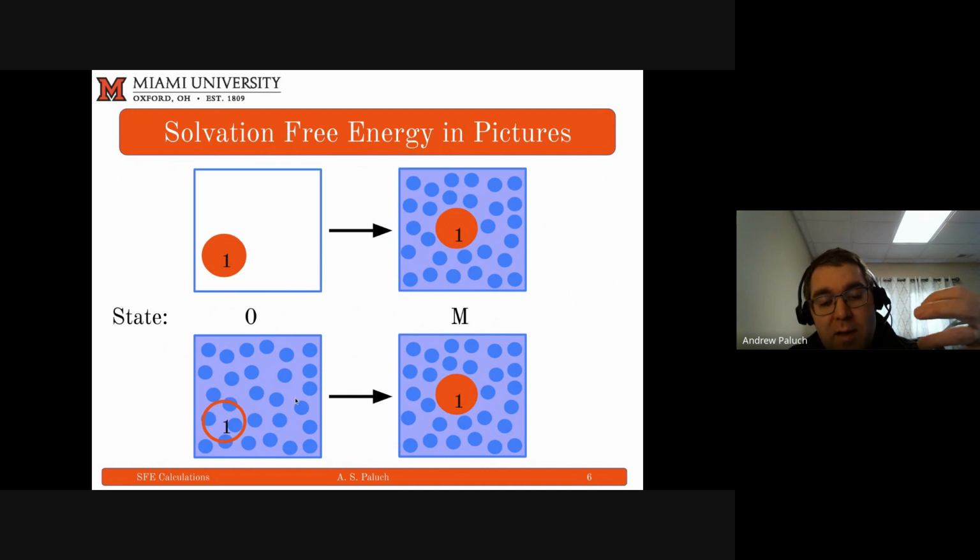So the idea is that in my reference state and in my target state, the molar volume, or you could just think of the total volume of a simulation box, of these two boxes is going to be very similar, approximately the same. If we assume that the volumes of the two boxes are approximately the same, then the molar concentration of my solute in my reference state is one solute per volume of that box.